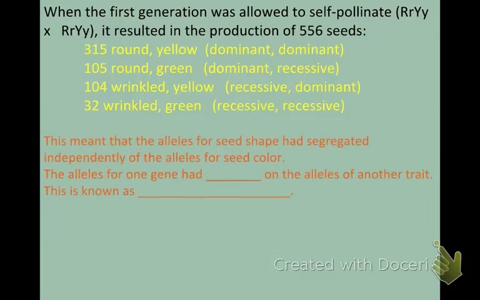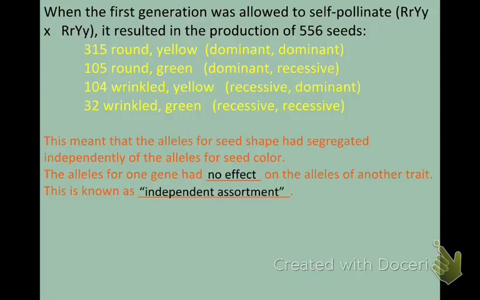This meant that the alleles for seed shape had segregated independently of the alleles for seed color. The alleles for one gene had no effect on the alleles of another trait. This is known as independent assortment.